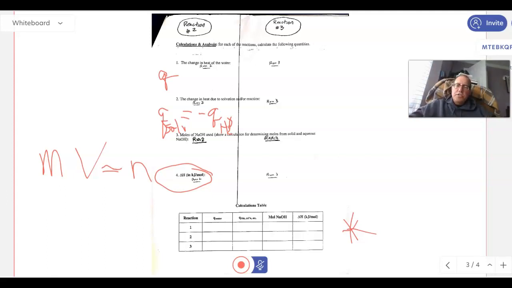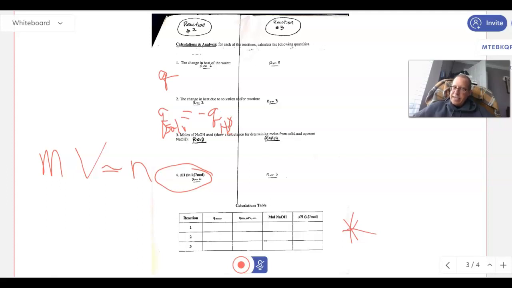On the back there's a page 4. That is where you're going to use your net ionic equation knowledge. Number 6 wants you just to describe it. The first one's given to you: reaction 1, solid sodium hydroxide dissolves. So you tell me what happens in reaction 2 and then reaction 3. Then answer number 7: how are the values of enthalpy H1, H2, and H3 related?